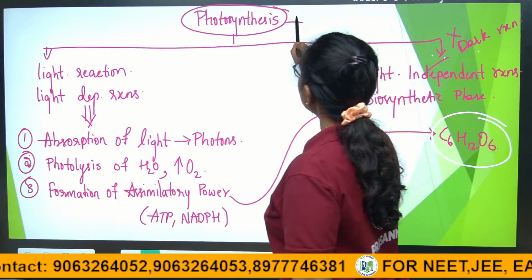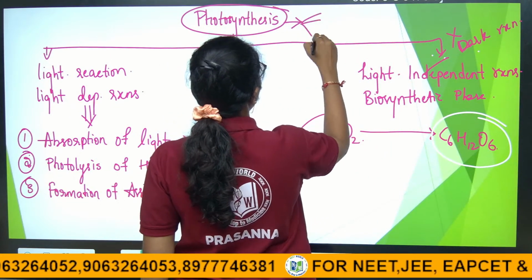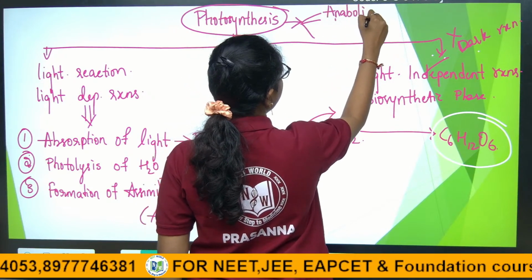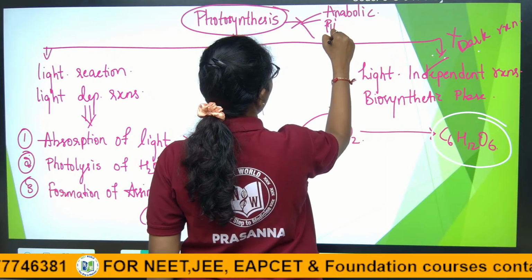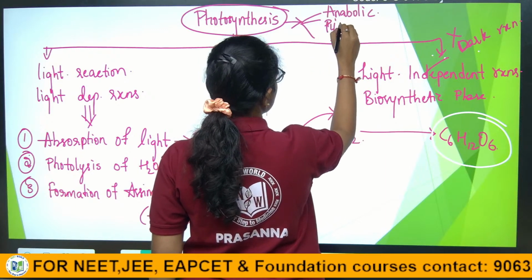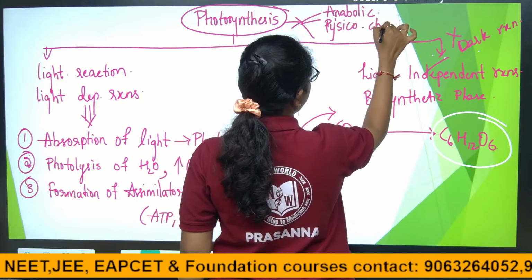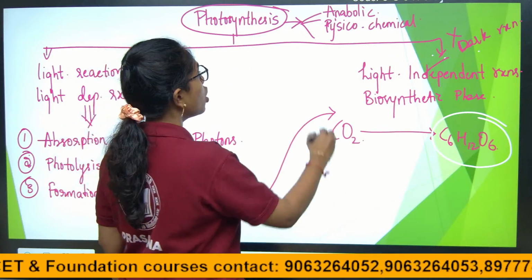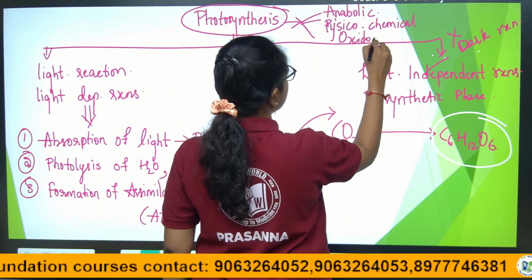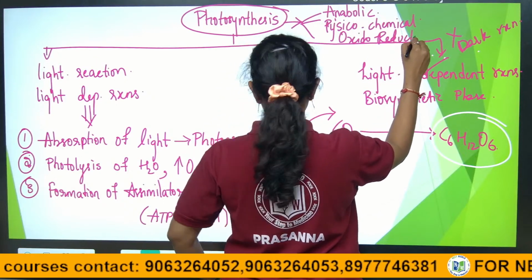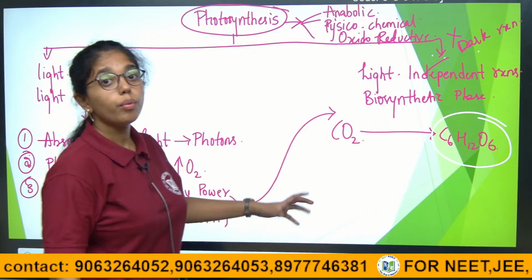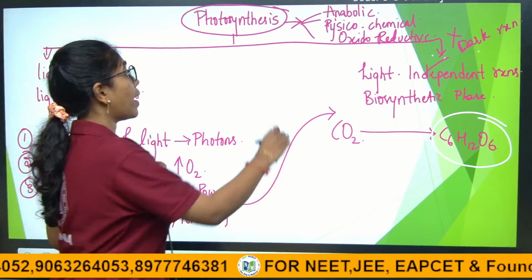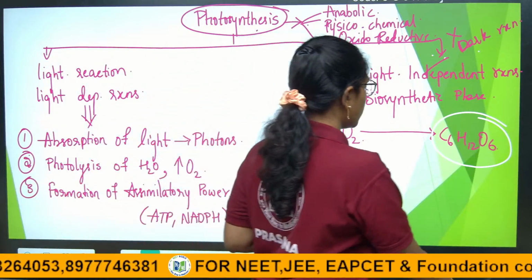Photosynthesis is also called an anabolic process, or a physicochemical process, or an oxidoreductive process. In the next class we will discuss more clearly why it is called such.